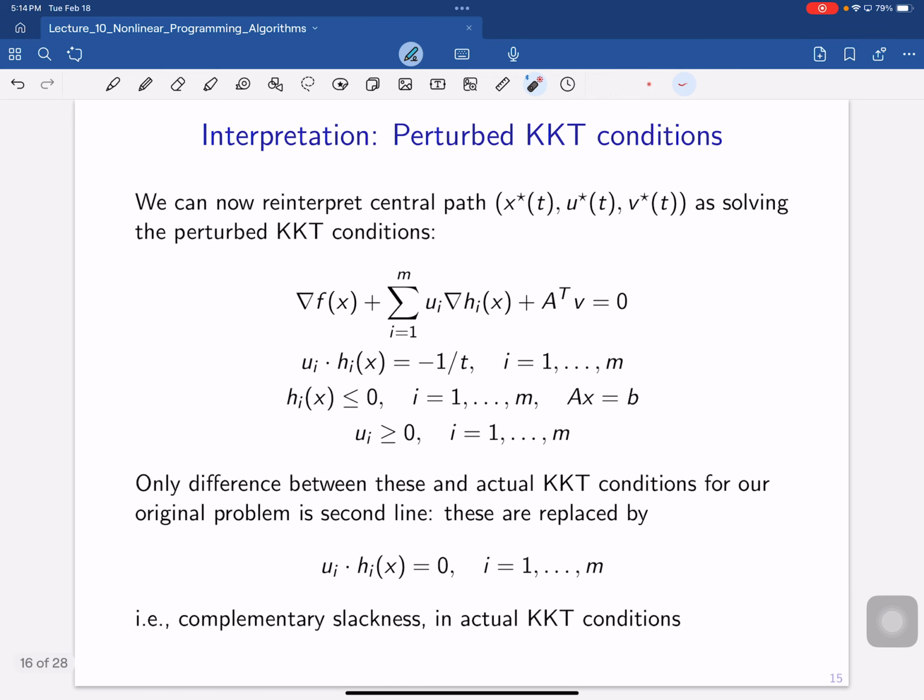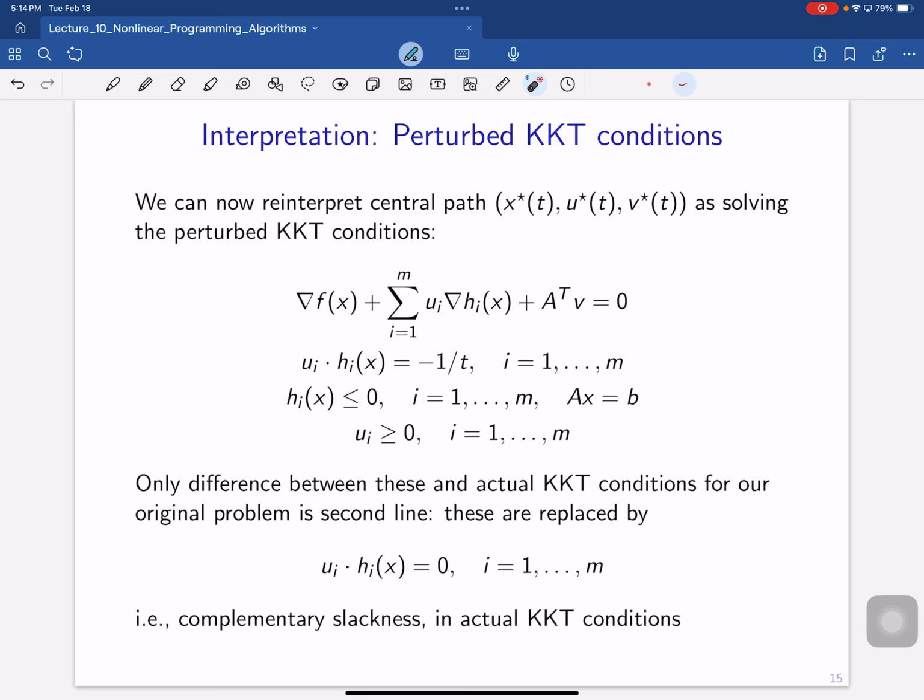Now, there is another way to interpret the log barrier problem. You can think about the log barrier problem as applying to this perturbed KKT condition. Right? You are solving this perturbed KKT condition where the complementarity condition does not hold exactly. You have the dual variable times Hi equals to minus 1 over t, right?